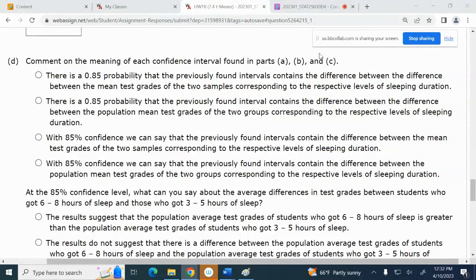Difference between the population mean test. That is a difference, right? Which one is better? Look at this. We want to do the test for the population, or we want to do the test for the sample? Population. Thank you. What was the title?